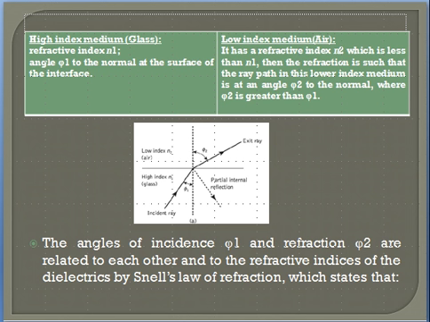If the dielectric on the other side of the interface has refractive index n2, which is less than n1, then the refraction is such that the ray path in this lower index medium is at an angle psi 2 to the normal, where psi 2 is greater than psi 1.